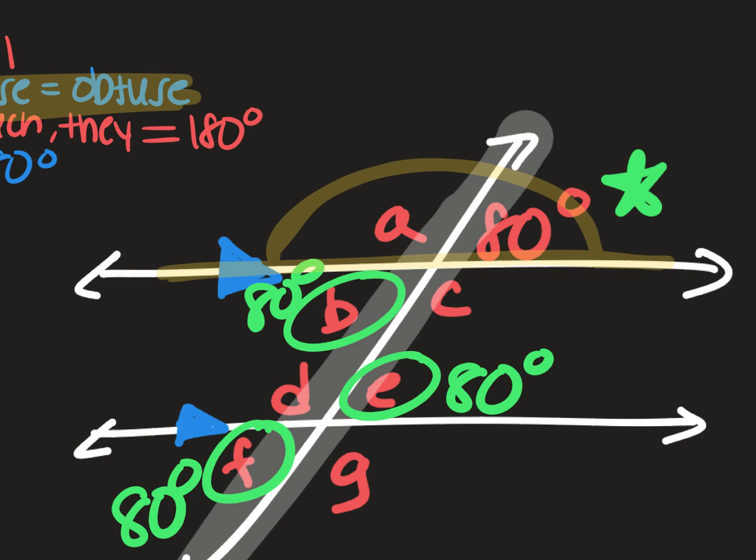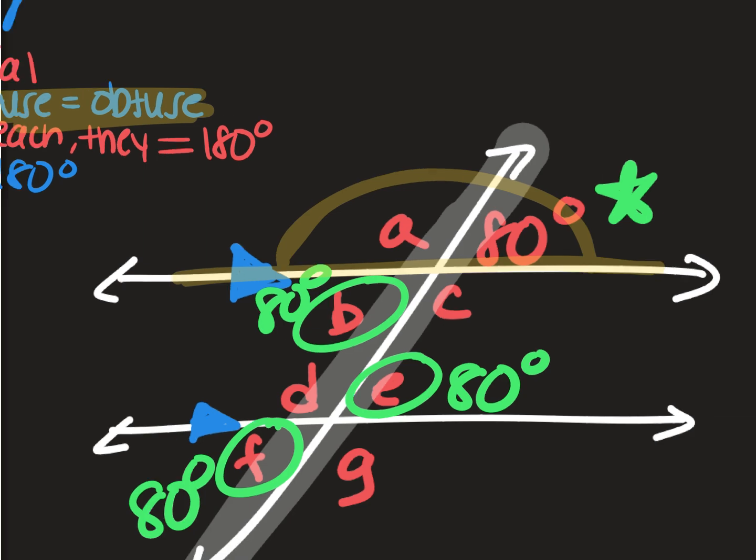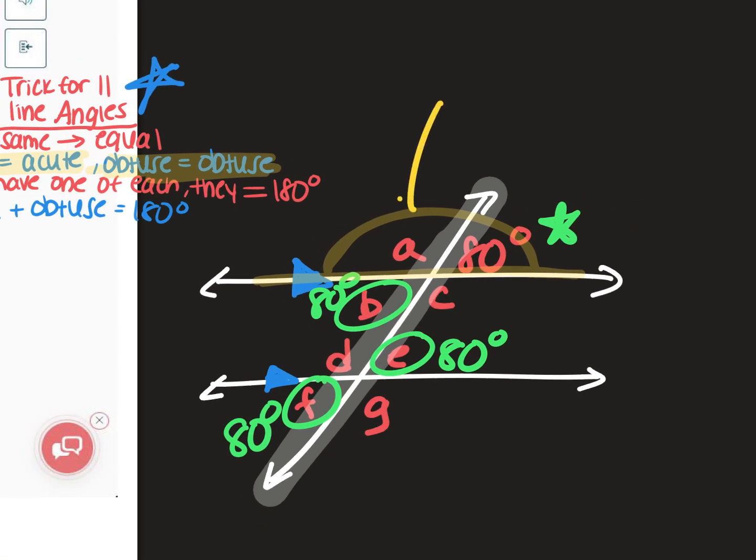They form a line, and so together their sum should be 180. So if I want to figure out angle A, I'm going to take away what I know from the total. My total is 180. I know one part of that line is 80 degrees, and so the other part should be 100. So that's what angle A's measure is, okay?